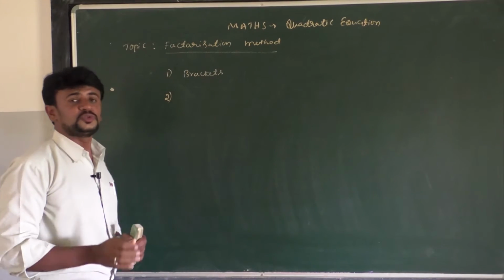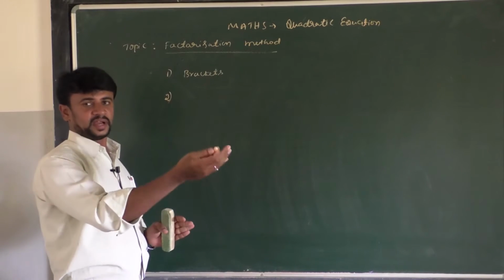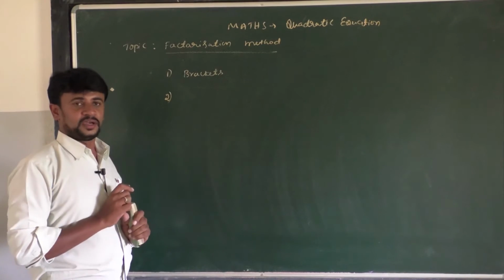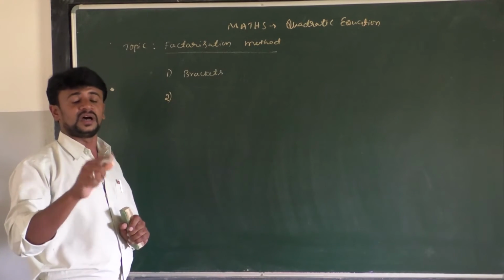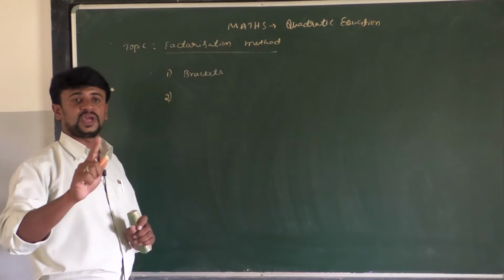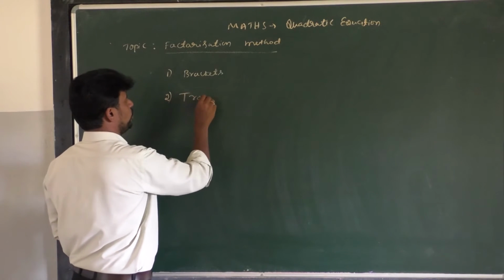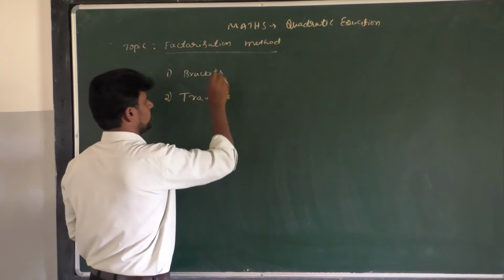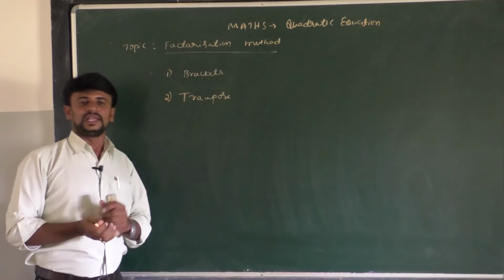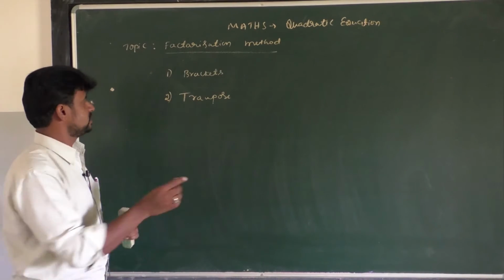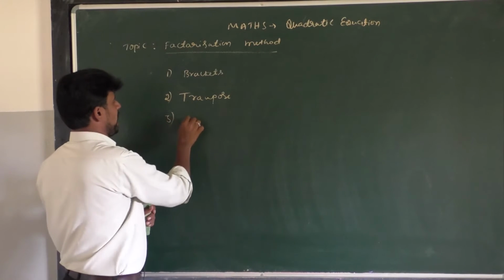Second step is transpose all the terms on the right side to the left side to get the quadratic equation ax square plus bx plus c. What is the second step? Transpose all the terms to the left side. Third step is factorize.